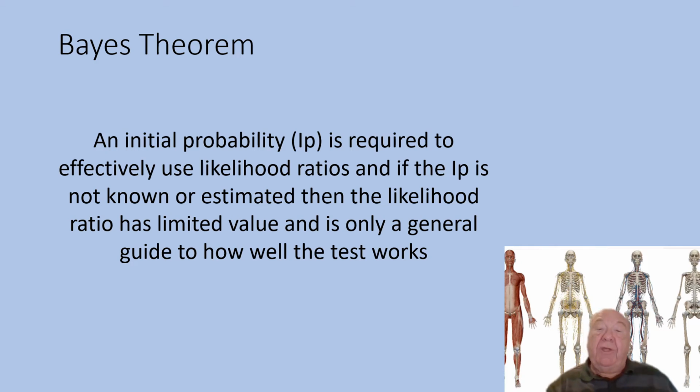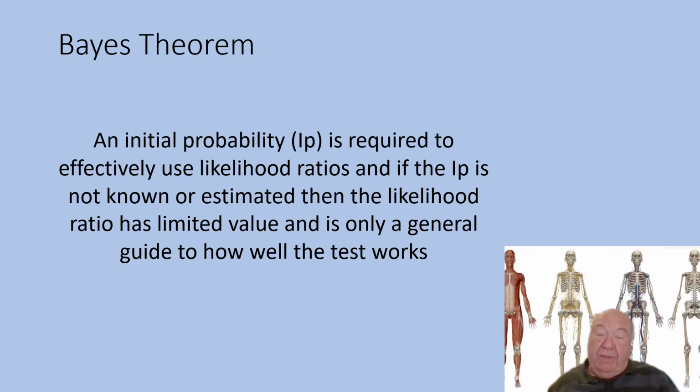So when you apply these initial probabilities or anterior odds, the posterior odds or probability becomes much more useful, given that you've already gone in there with an idea of how likely the patient is to have the problem. Now, for the most part, if you're working clinically, by the time you've done the subjective examination, you should be about 70% confident in what the final diagnosis is likely to be.